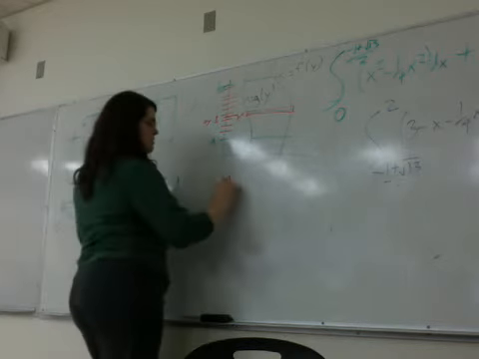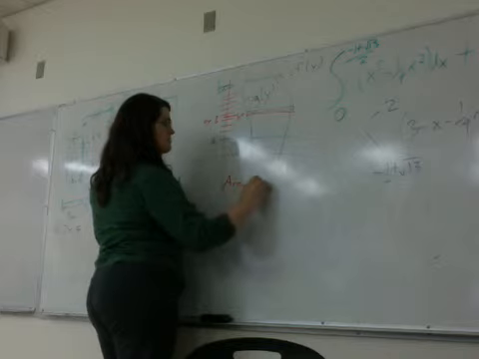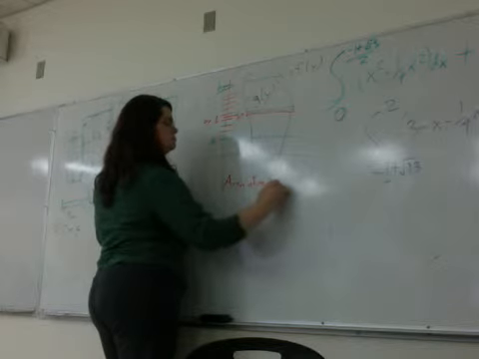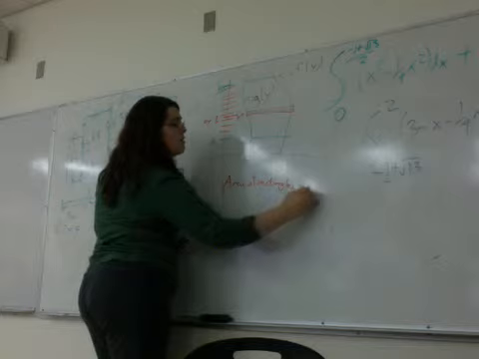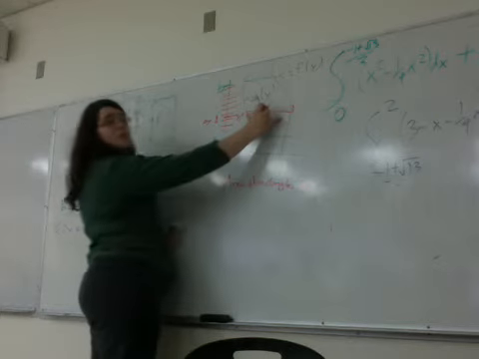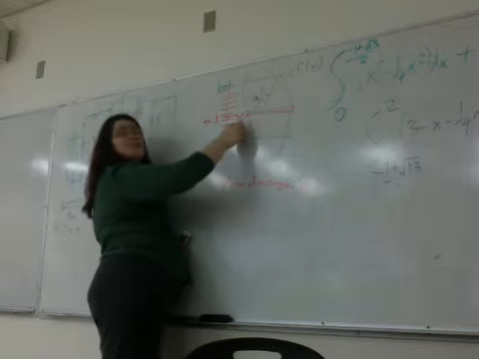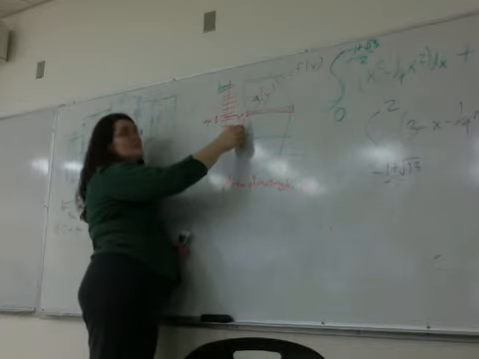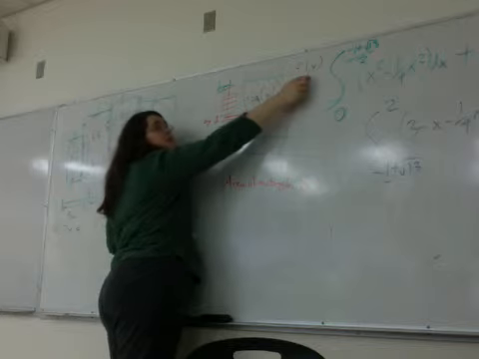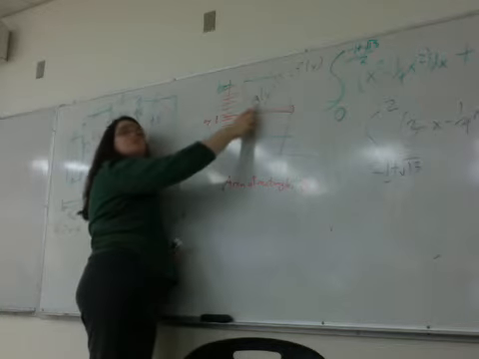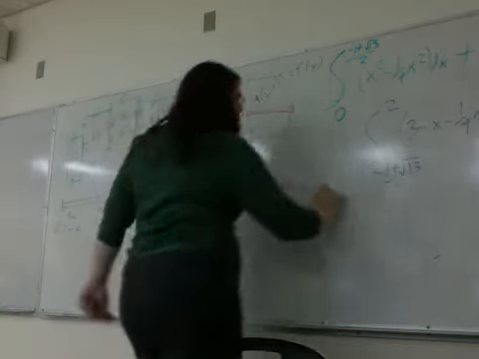So the area of one of those rectangles is going to be delta y times, if we want to measure this horizontal distance, we've got to take the x-coordinate of this point minus the x-coordinate of this point. The x-coordinate of this point is going to be f of the sample point. The x-coordinate of this point is going to be g of the sample point.